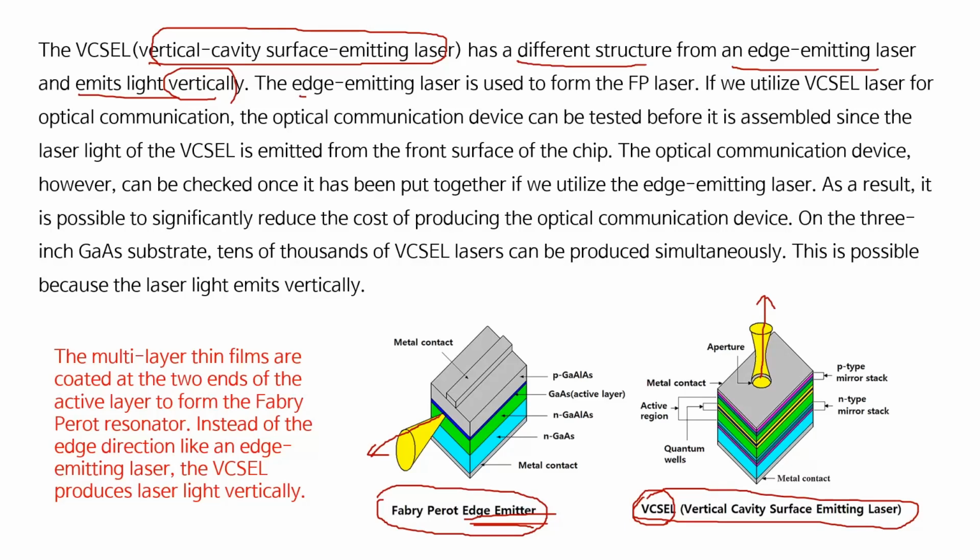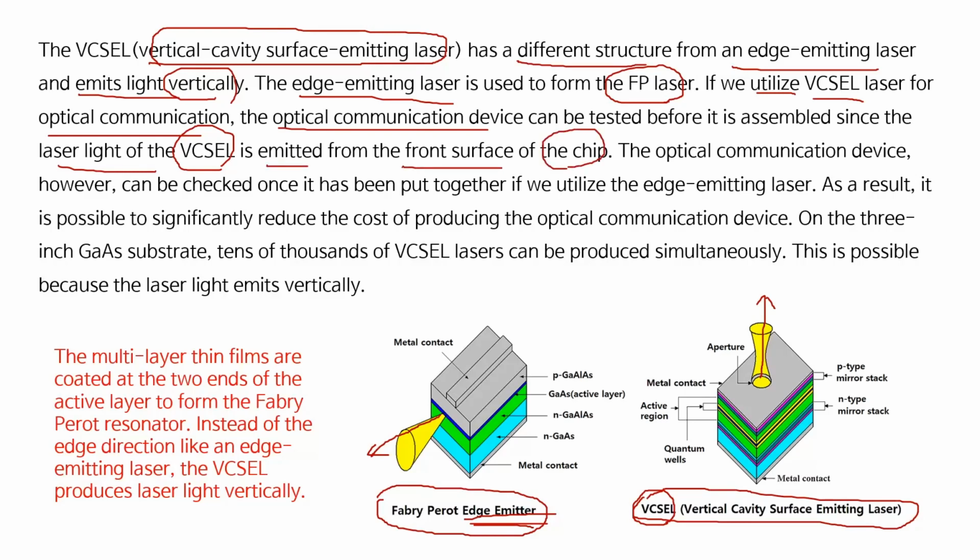The edge emitting laser is used to form a peripheral laser. If we utilize VCSEL laser for optical communication, the optical communication device can be tested before it is assembled, since the laser light of the VCSEL is emitted from the front surface of the chip.